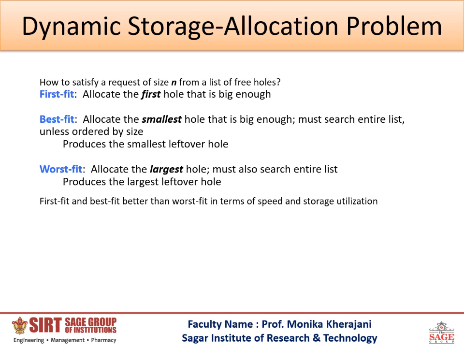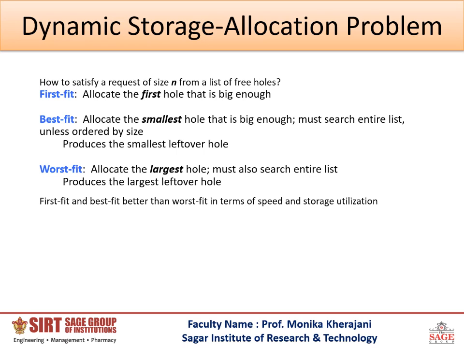Best fit means we will allocate the smallest hole, the smallest partition that is big enough, and we must search the entire list unless it is ordered by size. Worst fit means allocate the largest hole, and we must also search the entire list; it produces the largest leftover hole. So both fixed and variable partitions can be achieved by allocating with these techniques: first fit, best fit, and worst fit.